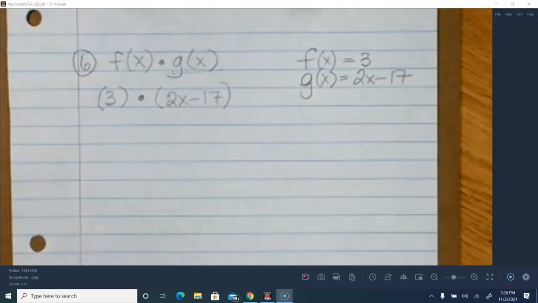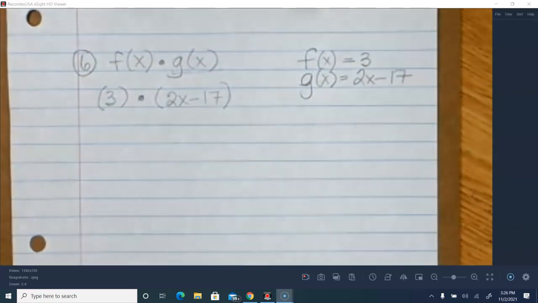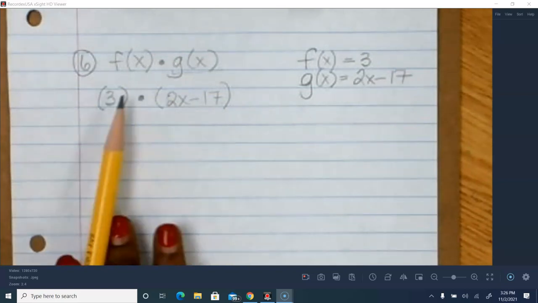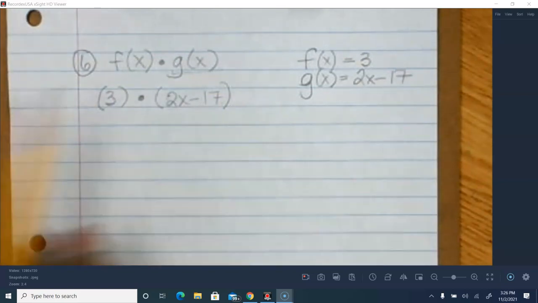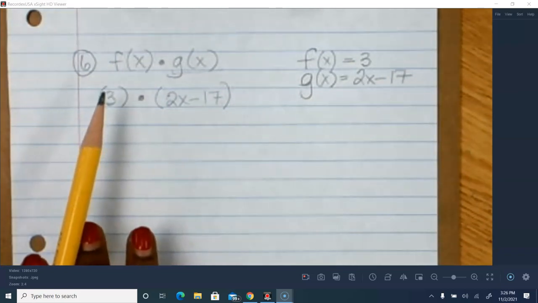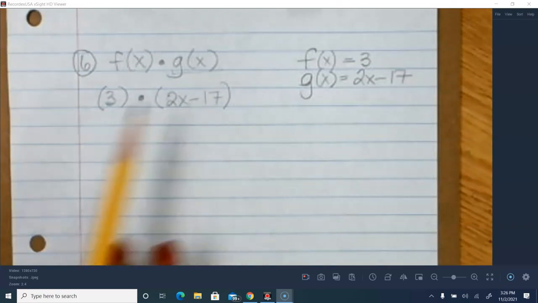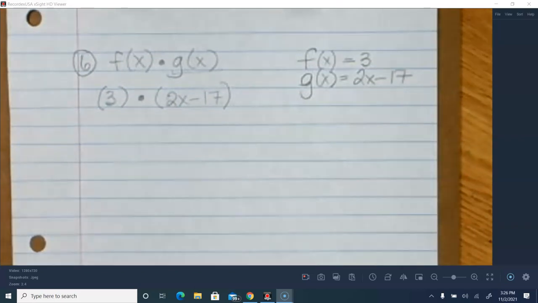It can be written with a point in the middle. So that's 3 times, just like this, 2x minus 17. Or it can be written where both of these are in parentheses side by side. Or either of these, this can come out of parentheses so that we can just multiply this number by this factor by this factor.